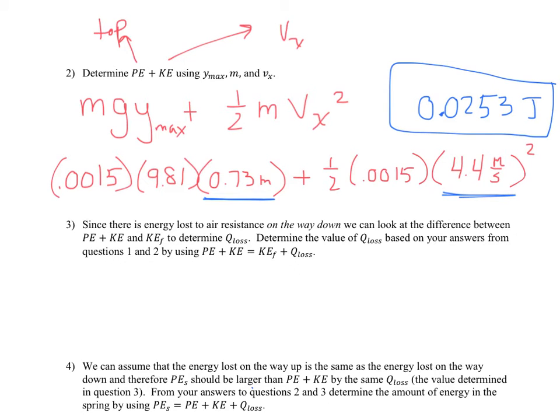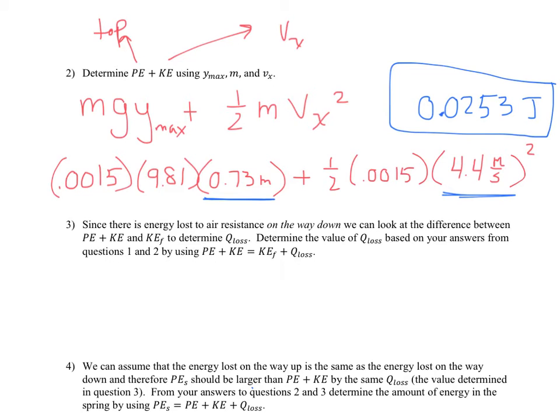When you finish part 2, please read part 3. Try to make sense of what number 3 is asking you to do. It's saying compare the last two answers you got.